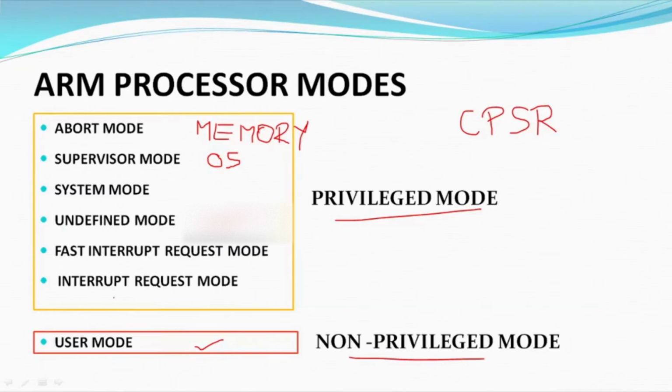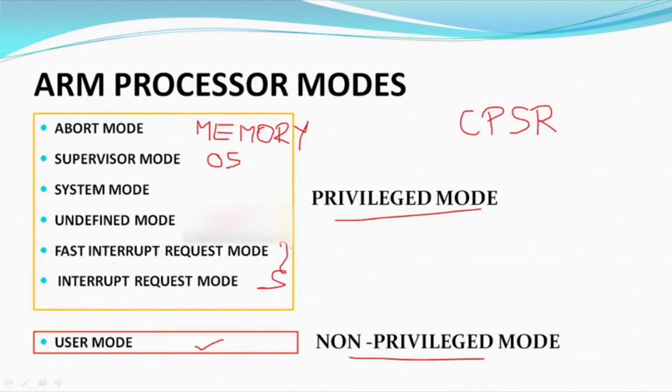So the next two, whether it is fast interrupt or interrupt request, both are different states that your ARM processor will enter when there is an interrupt request arising from some hardware which requires immediate CPU attention.